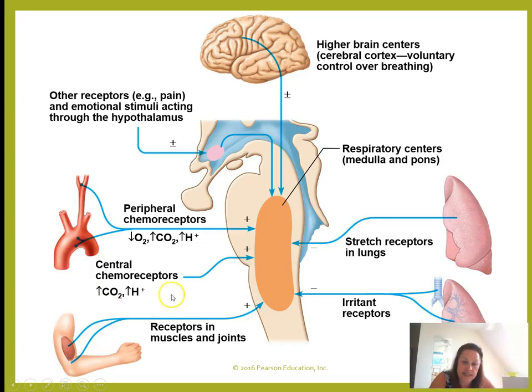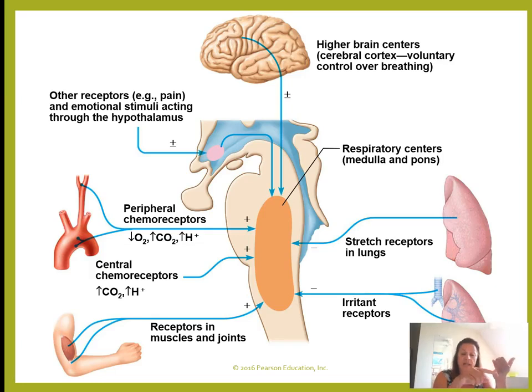These chemoreceptors are probably the most important ones because those are going to be the ones that influence breathing rate and depth the fastest, the quickest, and the most often. We have chemoreceptors in the medulla and peripheral chemoreceptors in the aortic arch and the carotid artery. These are going to be monitoring oxygen, carbon dioxide, and hydrogen, right? And it's going to tell the lungs or tell the diaphragm what to do.